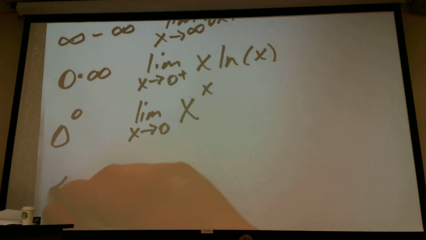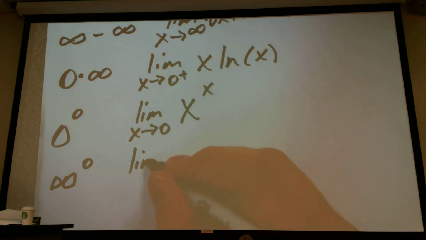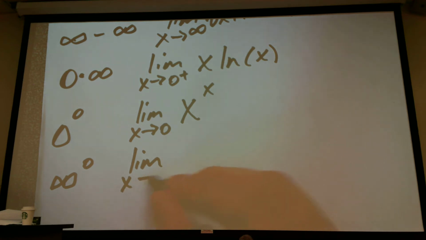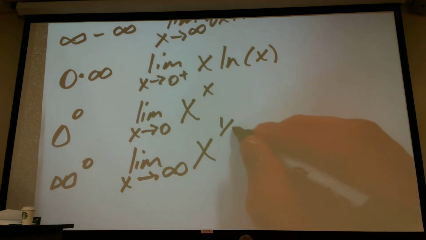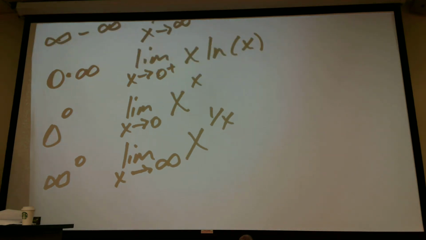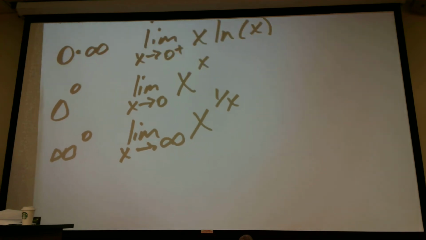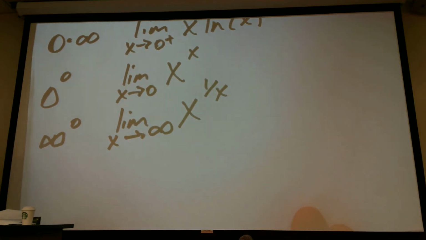So let's say infinity to the 0 power, which would be the limit as x tends towards infinity of x to the 1 divided by x.